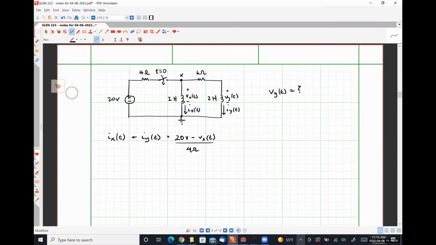All right. Now, we're going to play around with this a little bit. One big reason is that we know that Vx of t is related to Ix of t, because Vx is just the voltage drop over an inductor and Ix is the current flowing through an inductor, right?